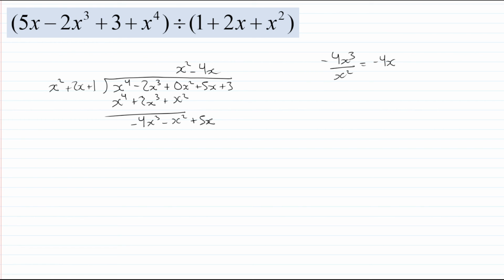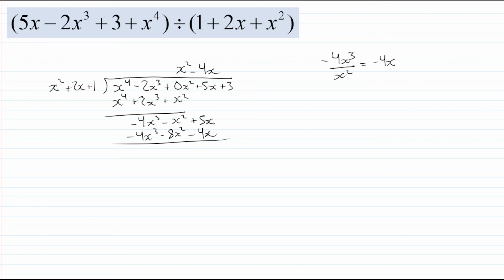Okay, and now we need to multiply this by the entire divisor. So here we go. Negative 4x times x squared gives us that negative 4x cubed, which we're kind of expecting at this point. Those are always going to be the same. Negative 4x times 2x is negative 8x squared. And last but not least, we get that negative 4x, which comes from that times 1 there.